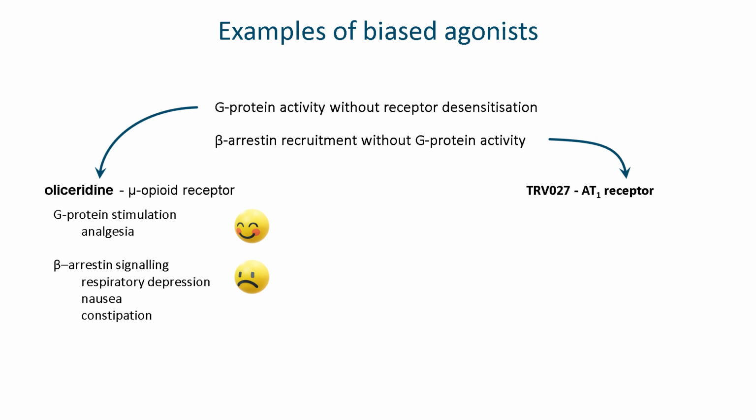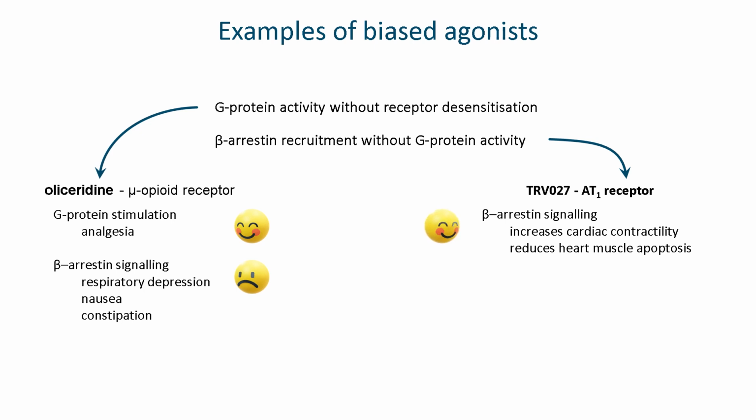Agonists at the AT1 receptor can increase contractility of the heart muscle and prevent apoptosis by stimulating the beta-arrestin pathway. These are desired effects. But stimulating the G-protein causes vasoconstriction and salt and water retention, which are unwanted effects.